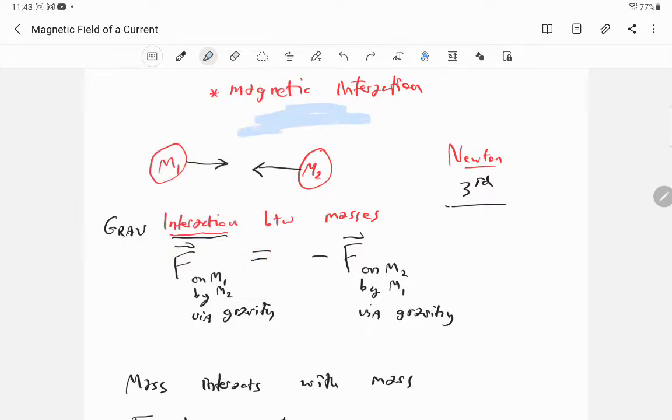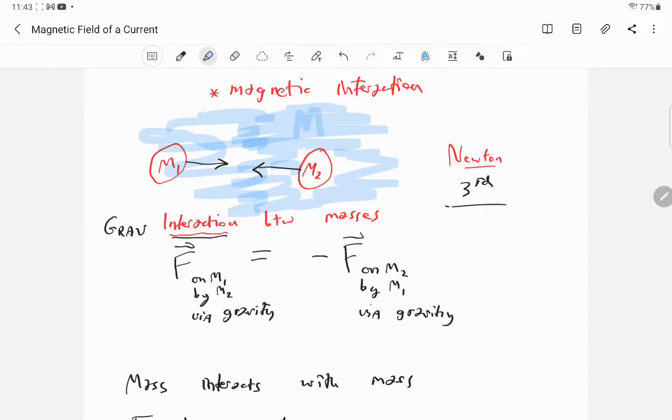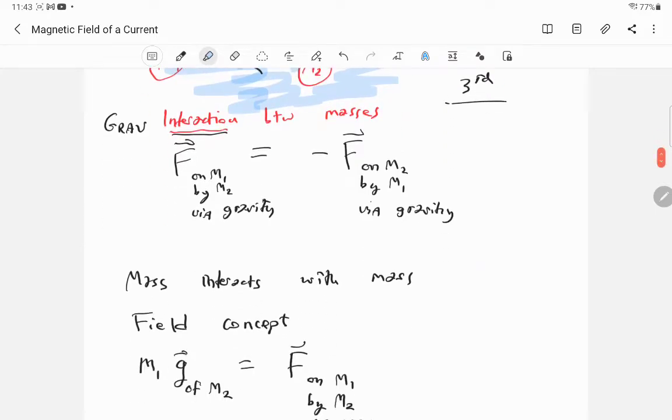M2 spreads its gravitational field out in space. This is M2's gravitational field, and you can see that M1 sits in it. So M1 sits in M2's gravitational field.